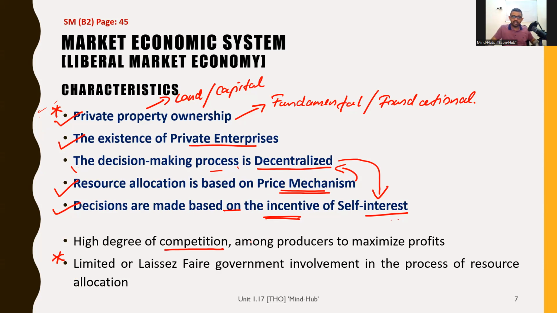There are many private sector producers competing with each other. Each person is trying to maximize their profits, and that is good for the consumer. Because of competition, there's something called consumer sovereignty. Consumers become very powerful in a market economic system. We'll learn that concept in a bit.